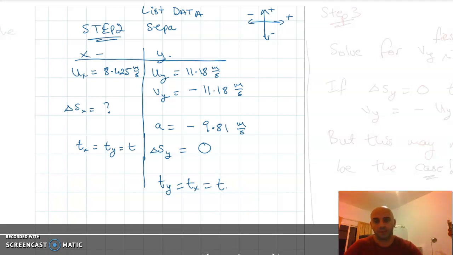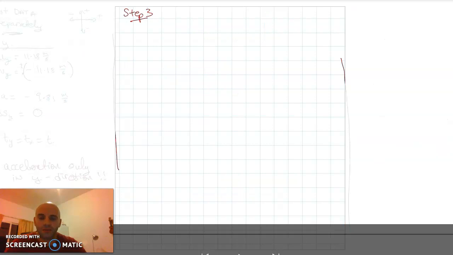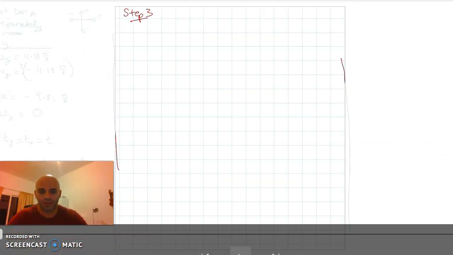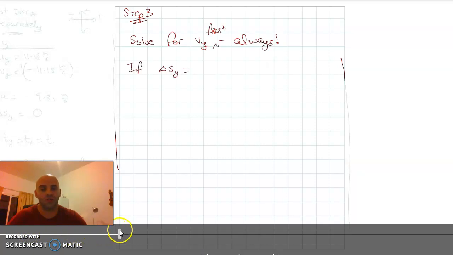Okay, that's step 2. On to step 3 now. What we're going to do for step 3 is basically what I said a moment ago, which is we're going to make sure that we always solve for the final velocity in the y direction first.